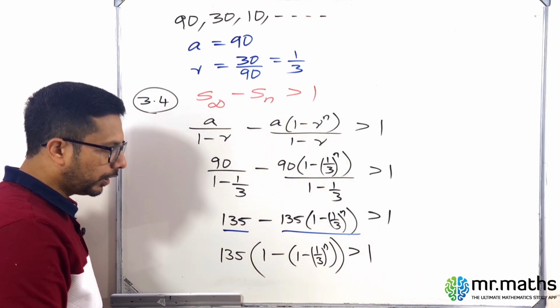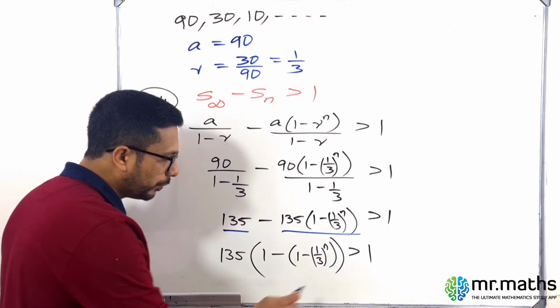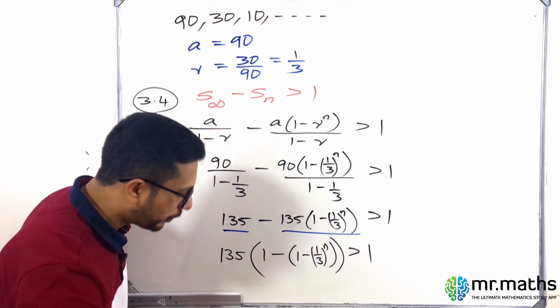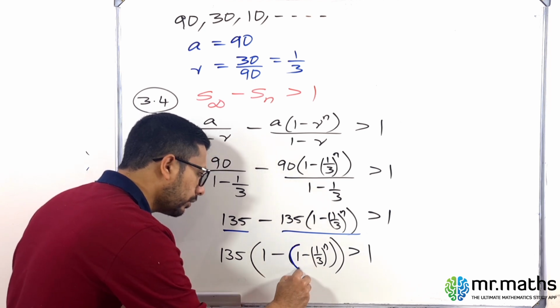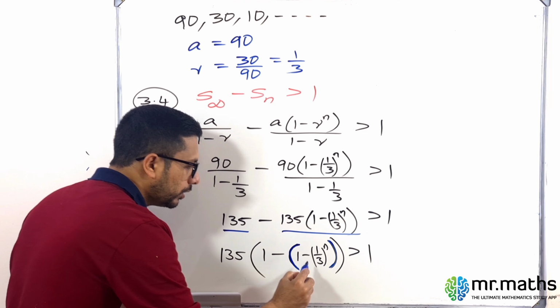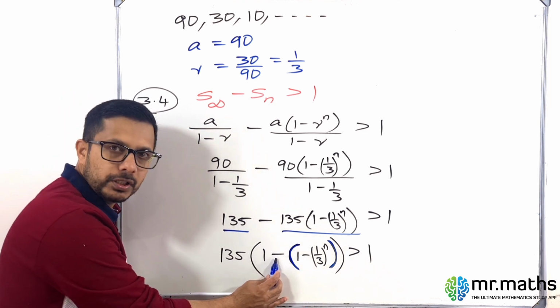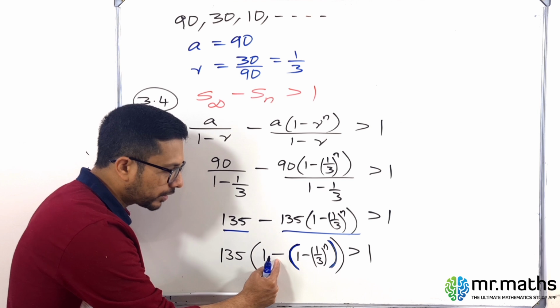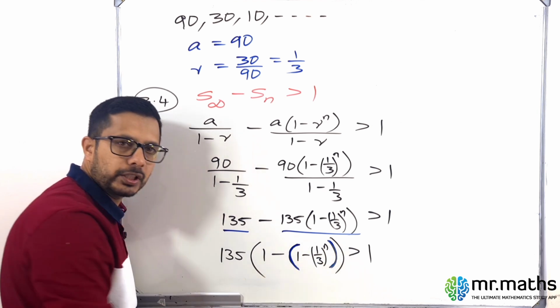So now inside this big bracket, look at this another bracket here. This bracket we can expand with this minus 1. Minus 1 into 1, that is minus 1. Minus into minus 1 over 3, that is plus.